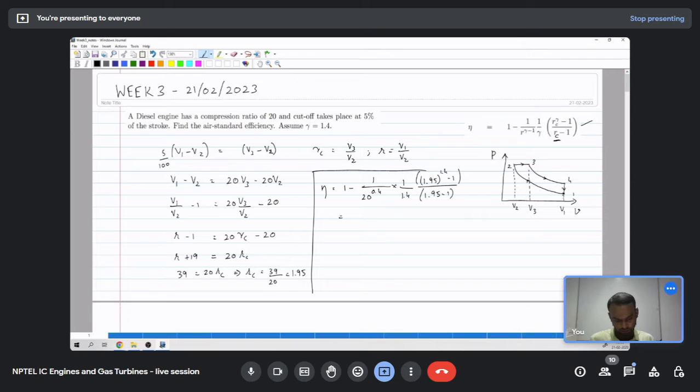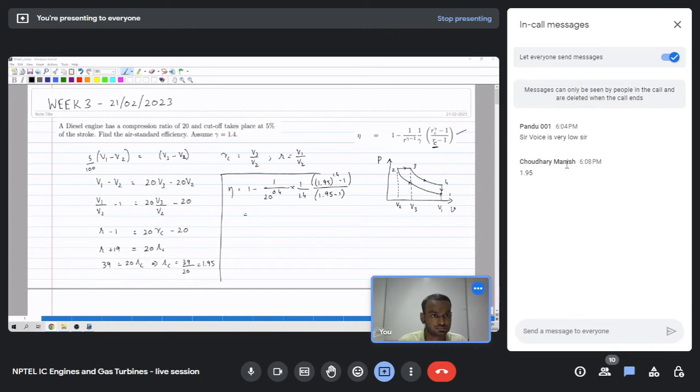So what is eta? What is the value of eta?